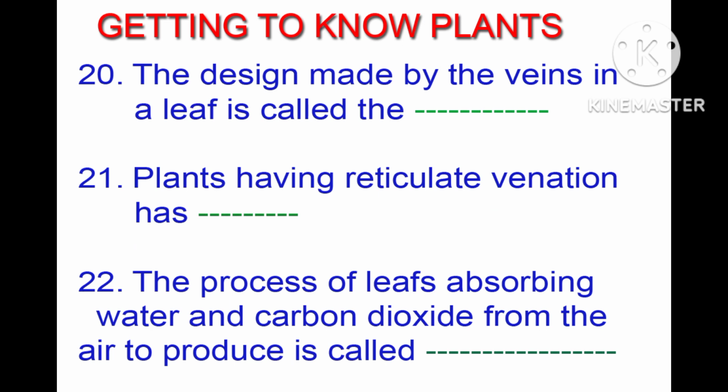20th question. The design made by the veins in a leaf is called the dash. The answer is leaf venation. 21. Plants having reticulate venation have dash. The answer is taproots. 22.